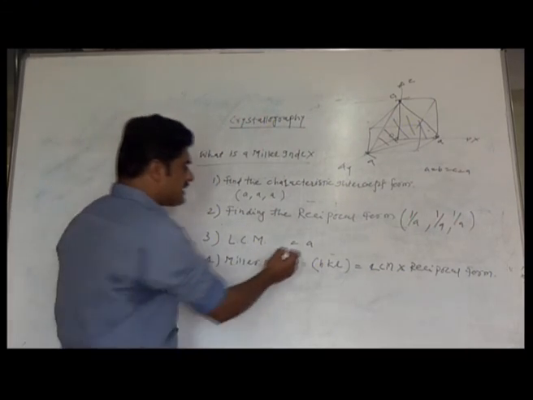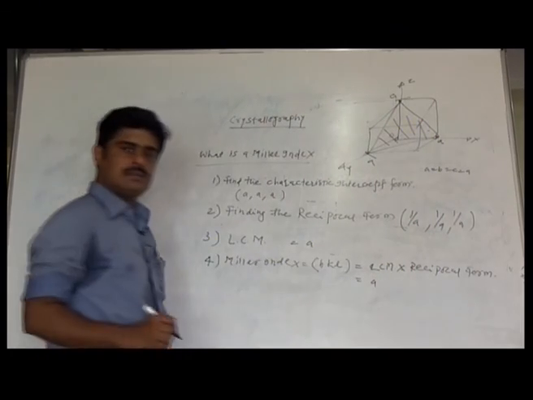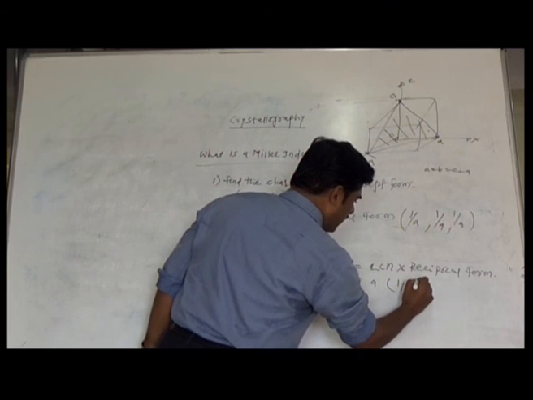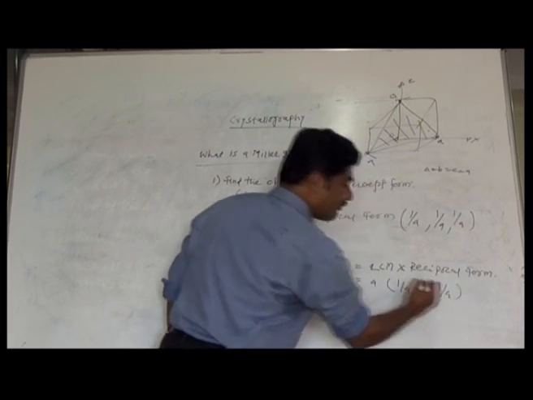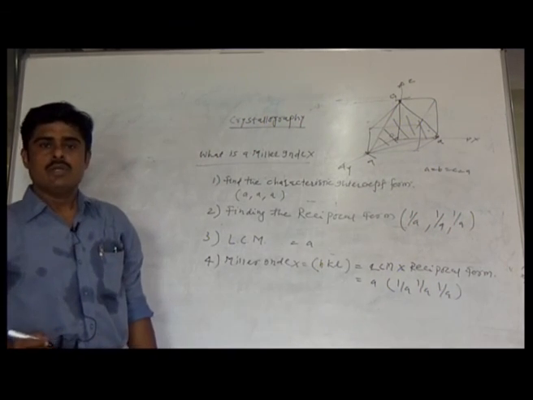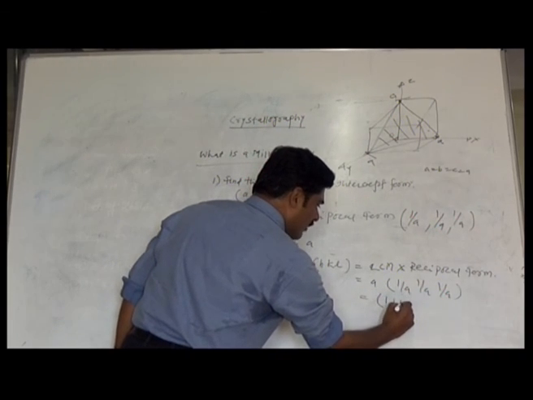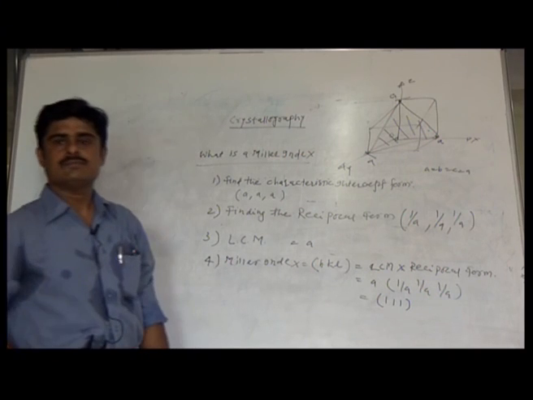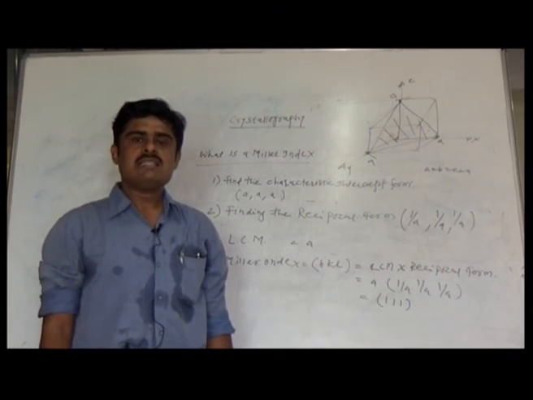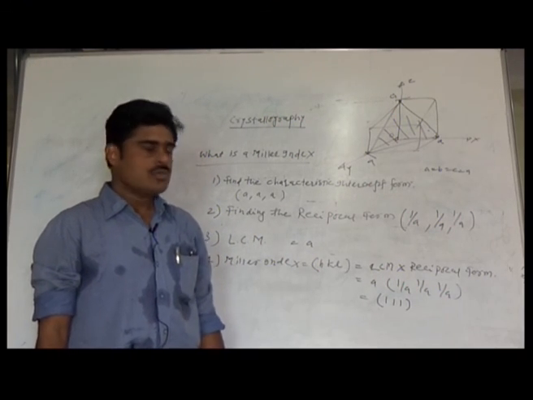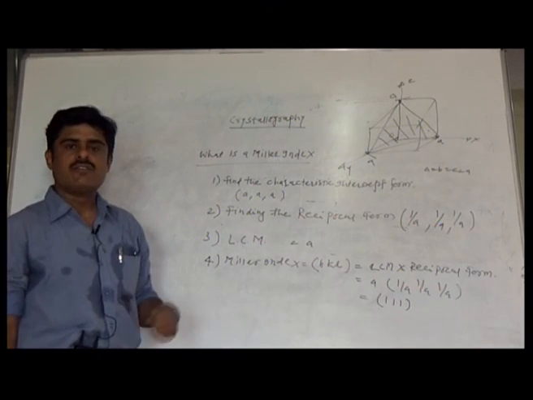What is my LCM? It is A. What is the reciprocal form? 1 by A, 1 by A, 1 by A. So it will be 1, 1, 1. Now don't give commas here. If you give commas, then it is not called Miller index. So it is 1, 1, 1. This is the definition of the Miller index.